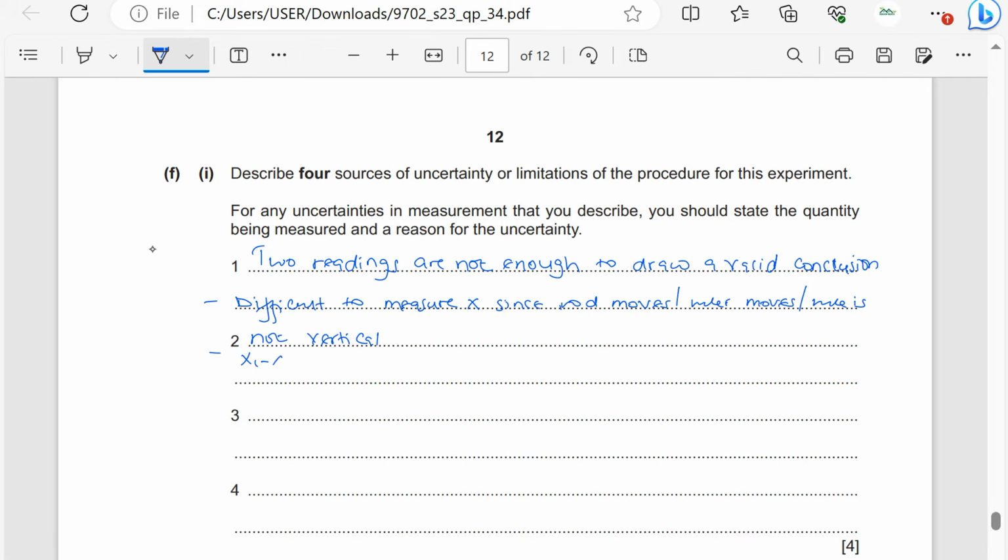So we say x1 minus x2 is too small, giving a large percentage uncertainty in x1 minus x2. Because the difference is very small, this gave a large percentage uncertainty in x1 minus x2.